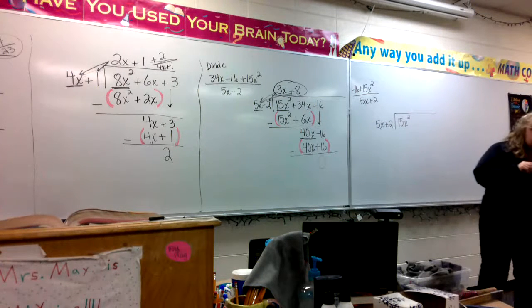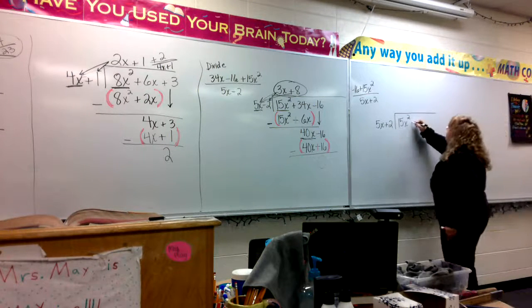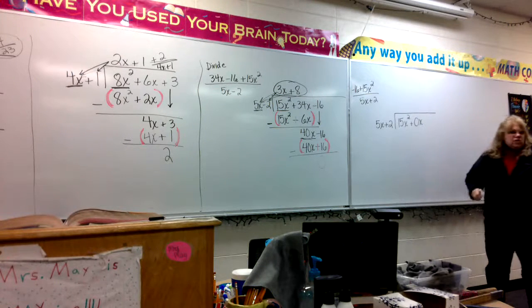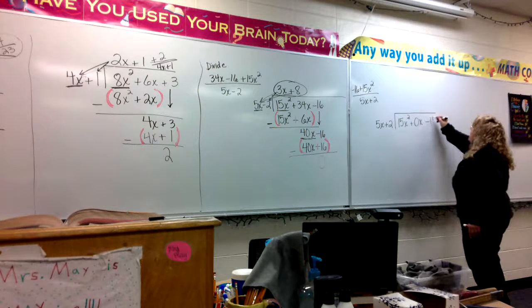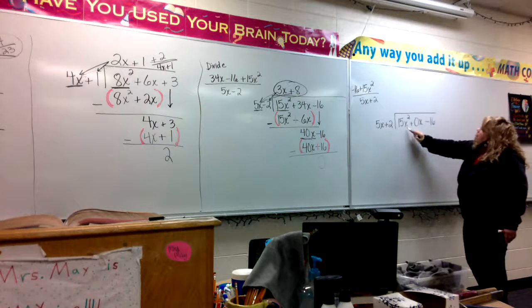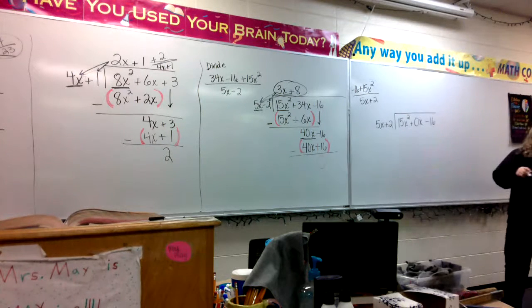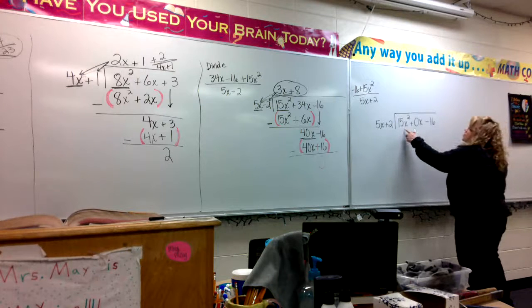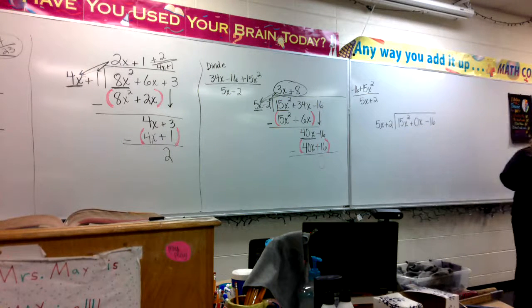I don't have any, right? There are no x's. When you set this up, if there's a term missing, like x to the first, you have to put 0 of those in there, right? So watch, I have to have an x to the second, x to the first, and an x to the 0. Whatever you start with, they have to go in order, and every single one has to be there.